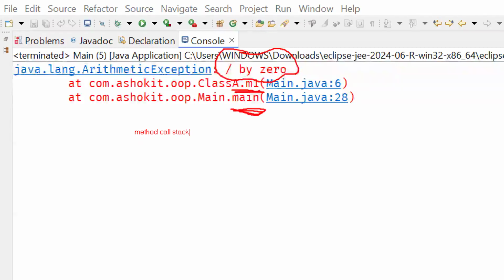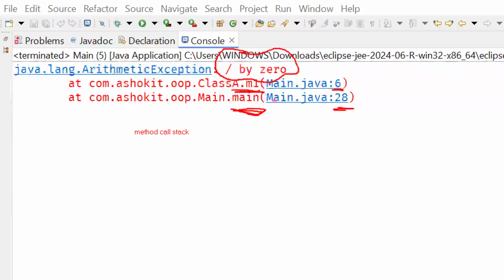Tell me, first which method is called by JVM? The main method. Main is calling the m1 method of the class. This is called the method call stack. Now see the line numbers. The main method is calling the m1 method from line number 28. In the m1 method, the exception occurred at line number 6.